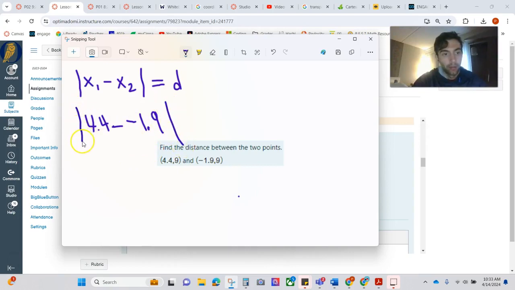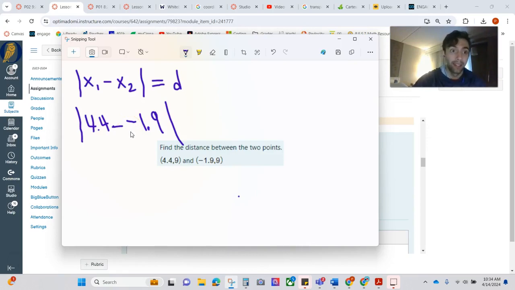Absolute value means my answer will be positive, no matter what. Whether this gives me a negative or a positive, my final answer will be positive. That's what absolute value does. Subtracting a negative is the same as adding, like losing a loss. Losing a loss is a gain.